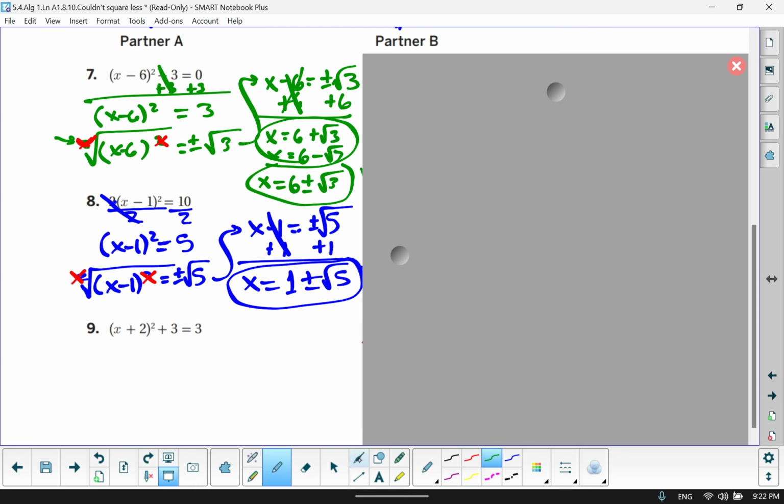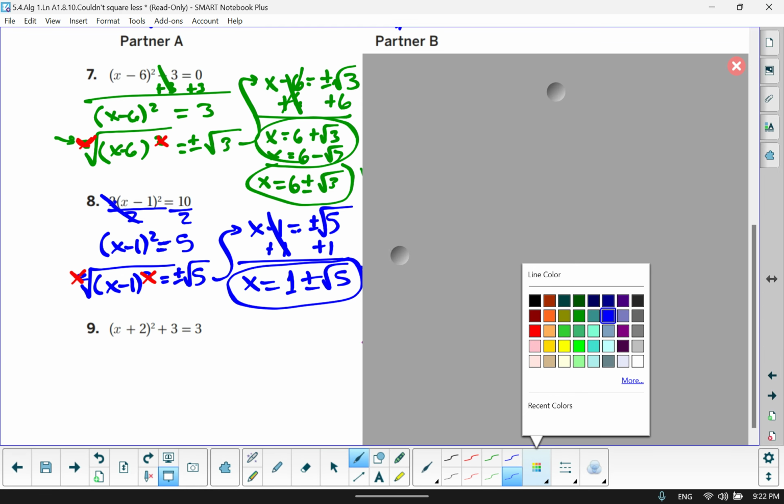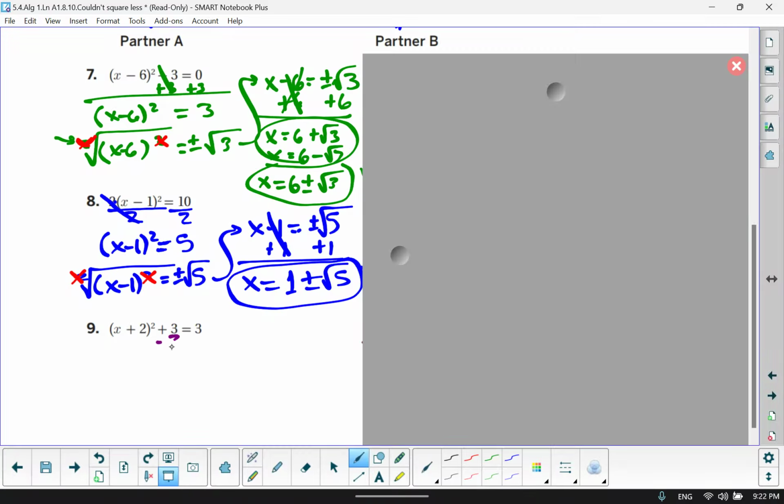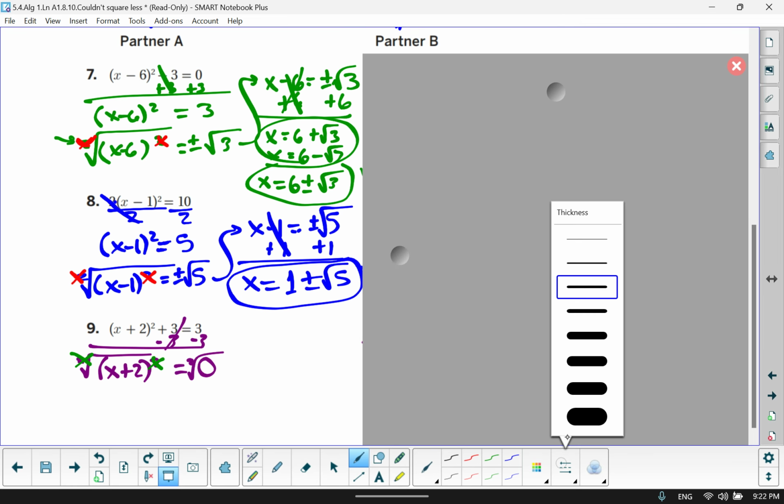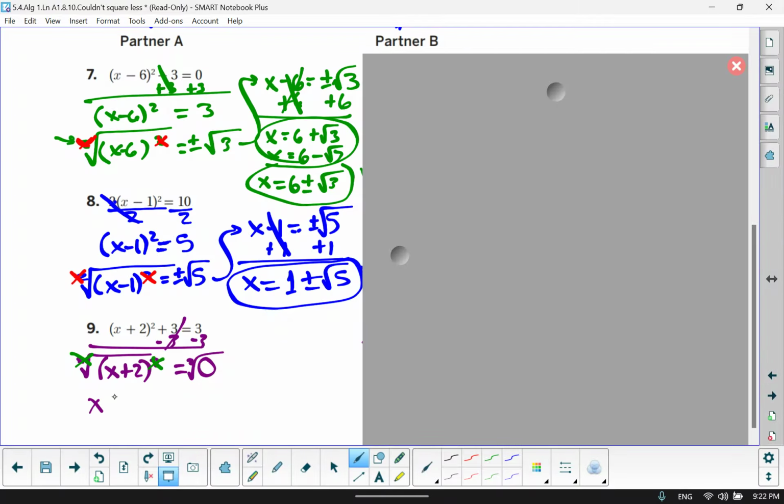Last but not least, we go on to number 9, where the first thing we'll do is subtract 3, leaving us with x plus 2 squared equals 0. I'm going to take the square root of both sides, and a square power and a square root will cancel out, leaving us with x plus 2 equals plus or minus.